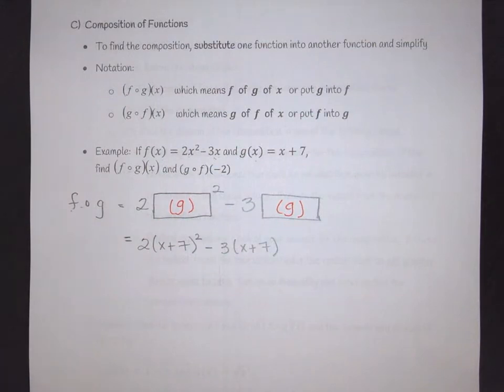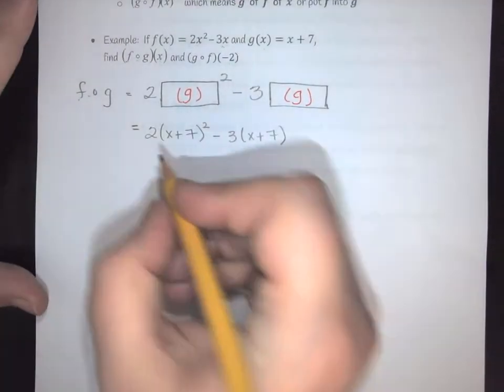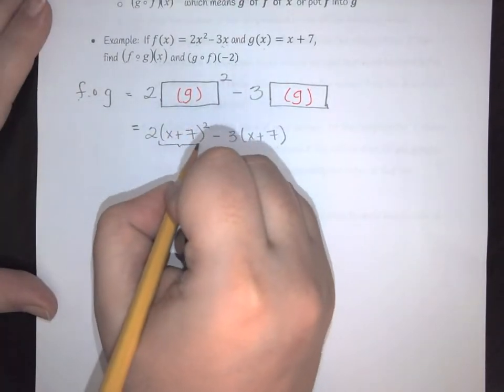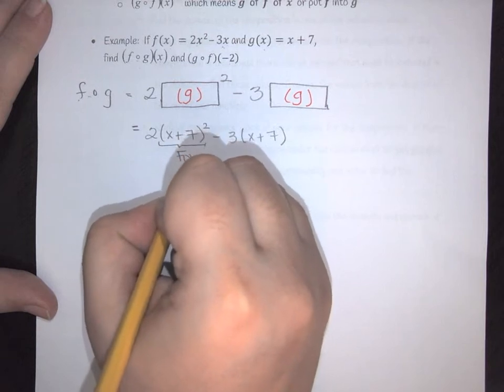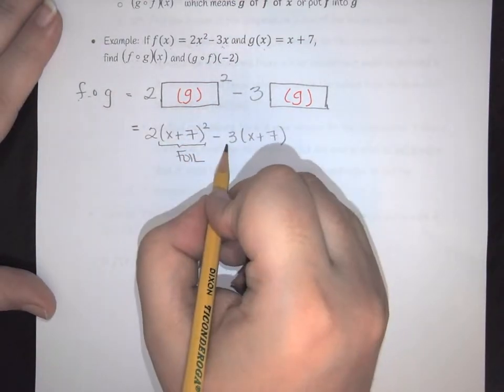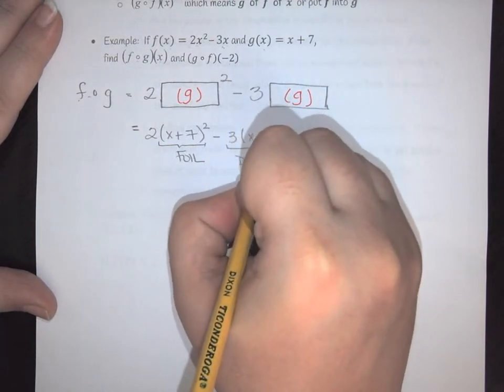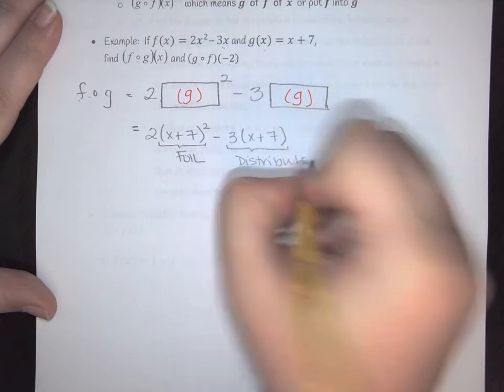Once you have figured out which function is on the outside and which function you have to plug into it, all you have to do is expand and simplify. Here you're going to use your FOIL method, and over here you are going to distribute.